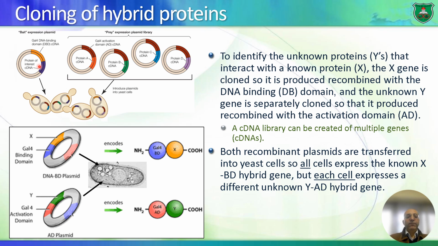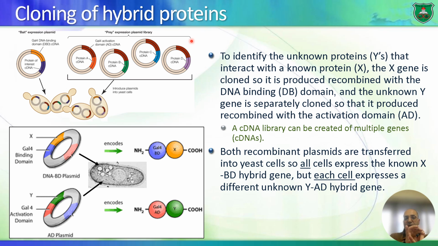And then I take these 1 million yeast cells and I insert these plasmids into these yeast cells. So each yeast cell would take up one of these plasmids. Okay? So each yeast cell would have two plasmids.